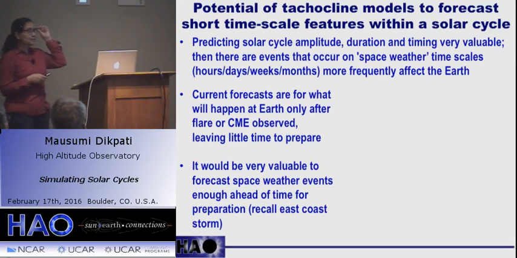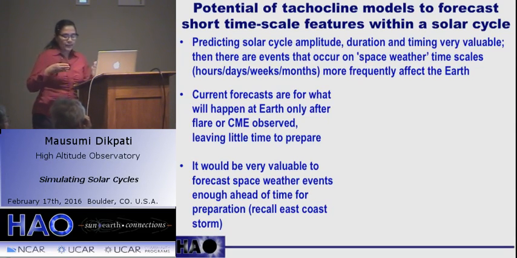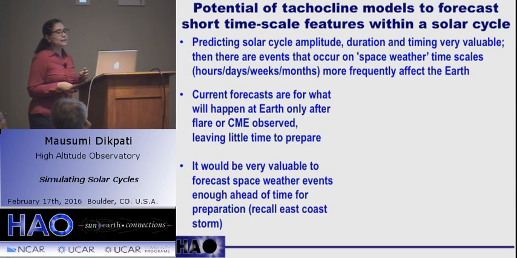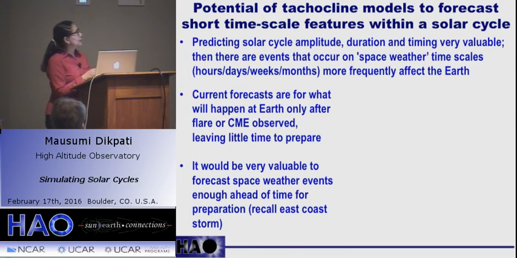And current forecasts are done in the way that the predictions are made after the CME has been observed, giving little time to prepare to protect the terrestrial system from the damage. So it would be very valuable to forecast space weather events enough ahead of time.